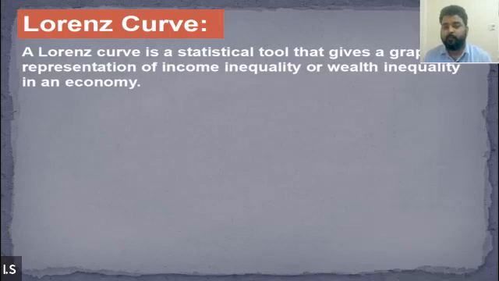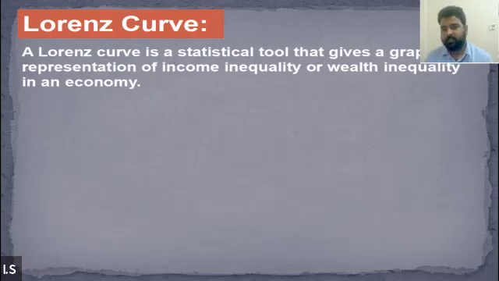That means the Lorenz curve is also used to find out the variability or variation in a series, but most of the time it is used in the context of income inequality and wealth inequality. Whenever we want to determine whether income or wealth is equally distributed in an economy or not, the Lorenz curve can be useful.